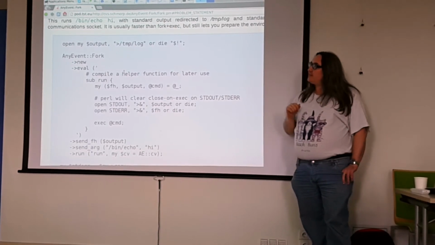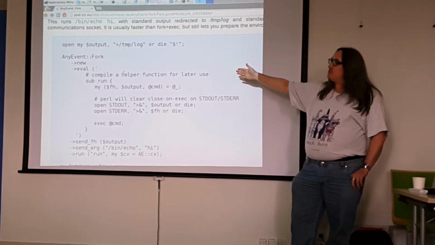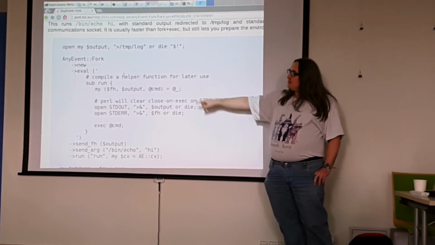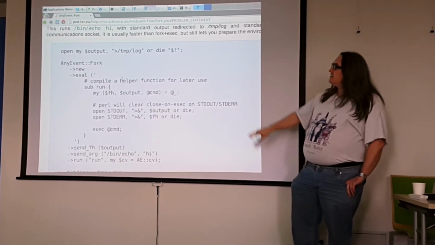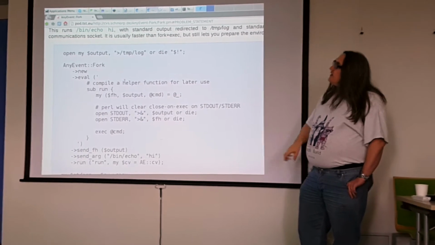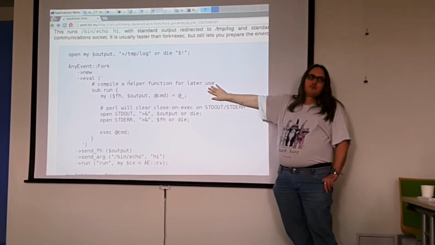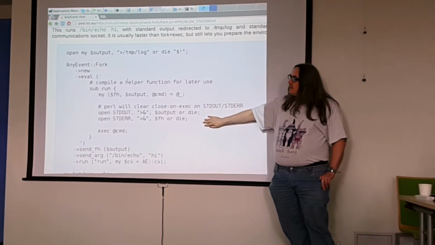So here's an example of how to do that. Again, AnyEvent::Fork->new creates a new fork process, and then we call another method, eval, and eval does what you probably would expect. It just takes some Perl source code and evaluates it. And in this case, I do not have my code in a separate file. I have the code as a string inline.